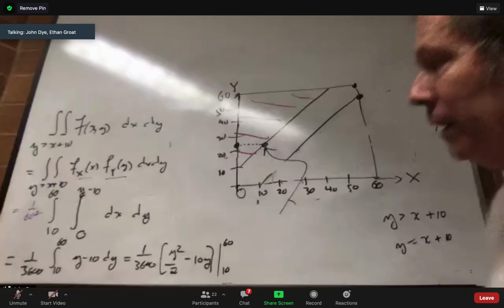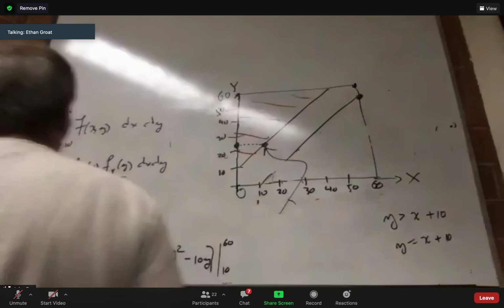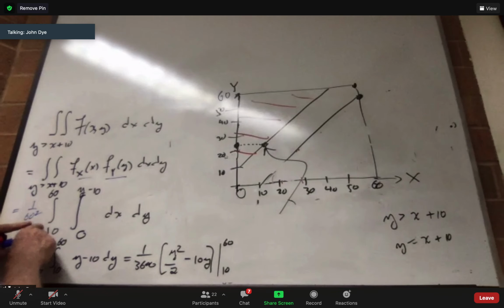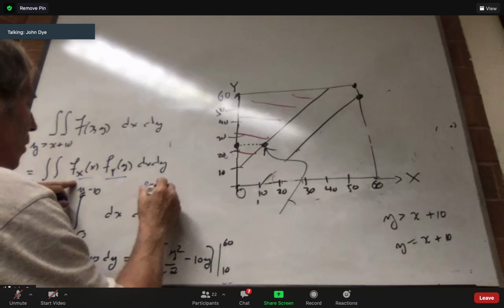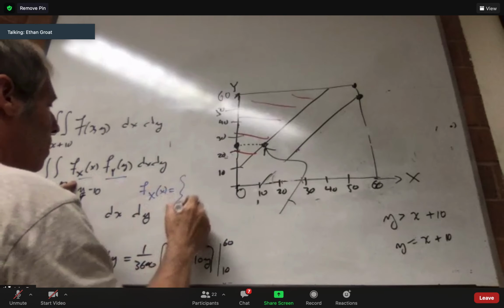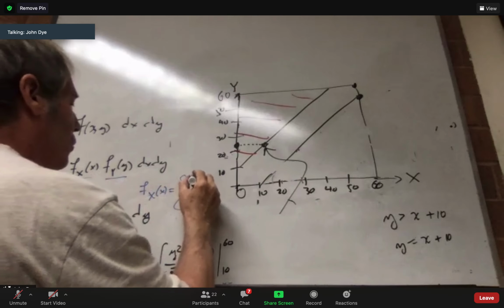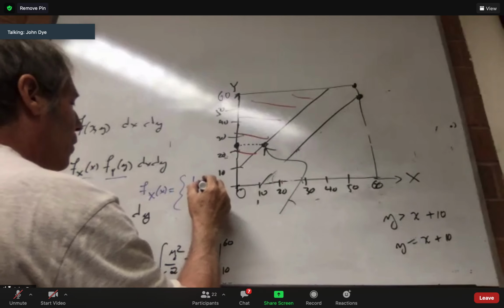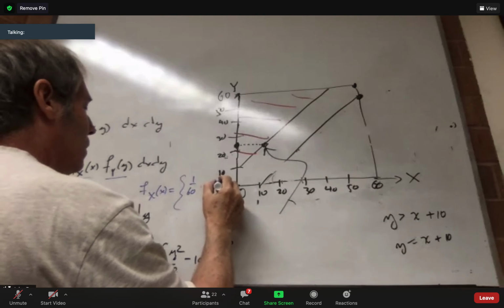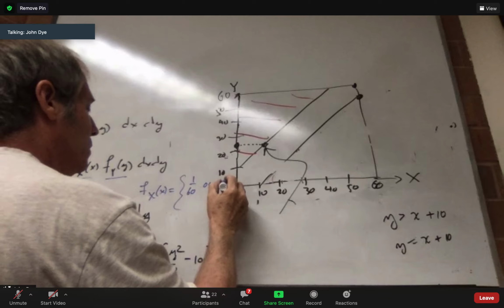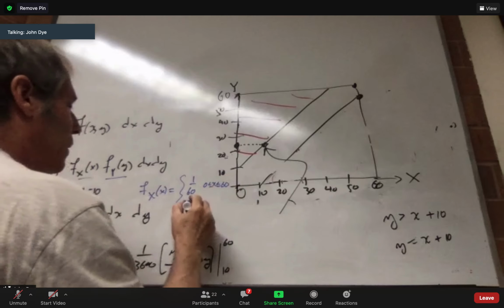That 1 over 60 squared, what is that? Let me just do this as a sidebar. The density function is 1 over 60 for x between 0 and 60, but it's 0 else.